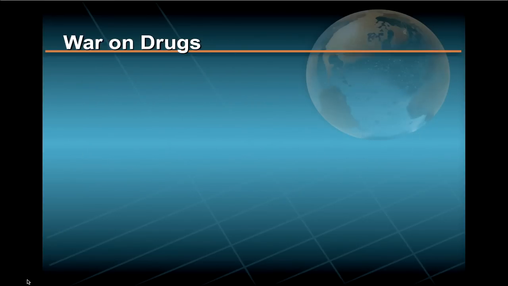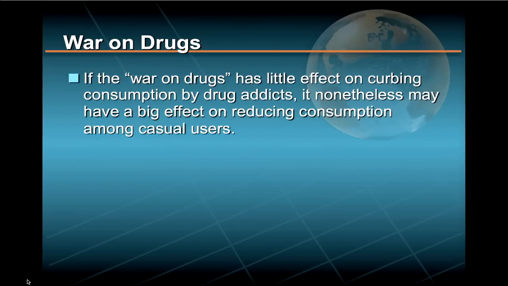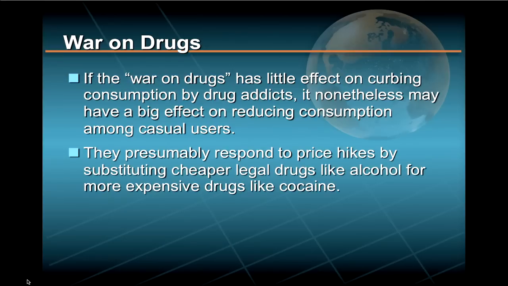This suggests that even if the war on drugs has little effect on curbing consumption by drug addicts, it nonetheless may have a big effect on reducing consumption among casual users who presumably respond to price hikes by substituting cheaper drugs like alcohol for more expensive drugs like cocaine. Of course, the debate over the legalization of drugs remains unresolved, but at least with the help of microeconomics, policymakers can better think through the problem.